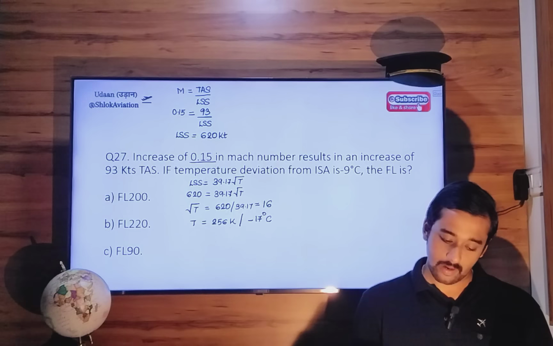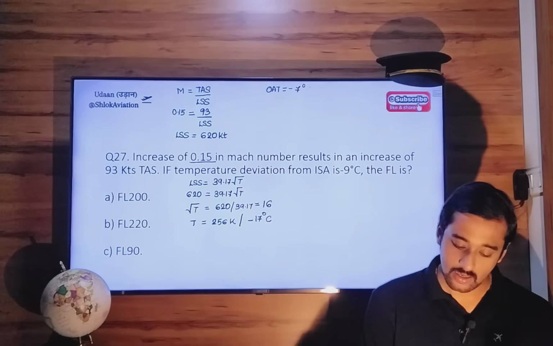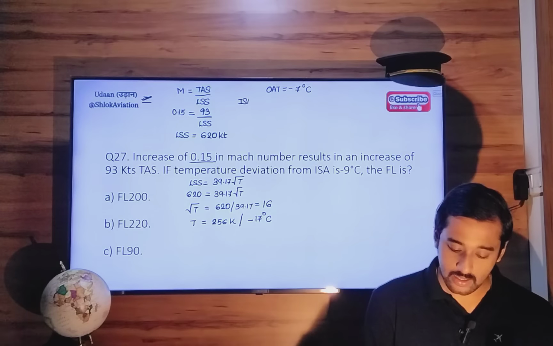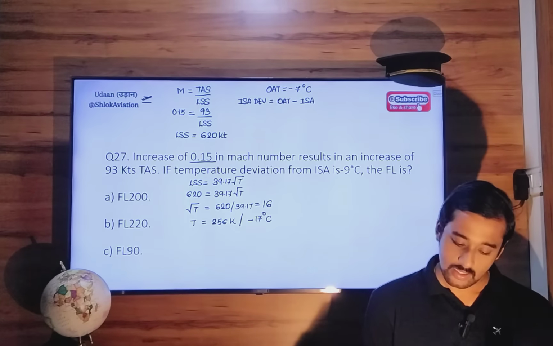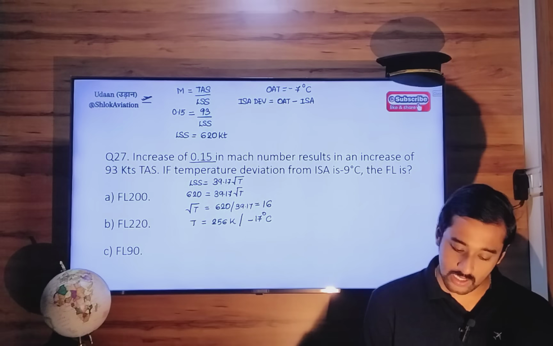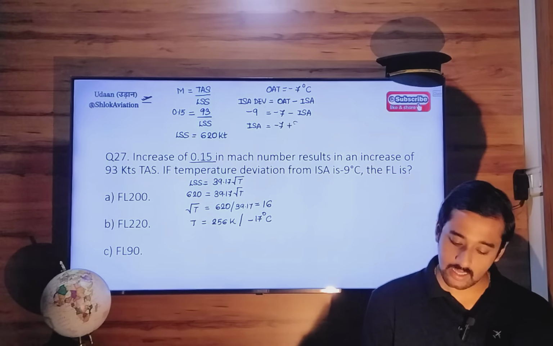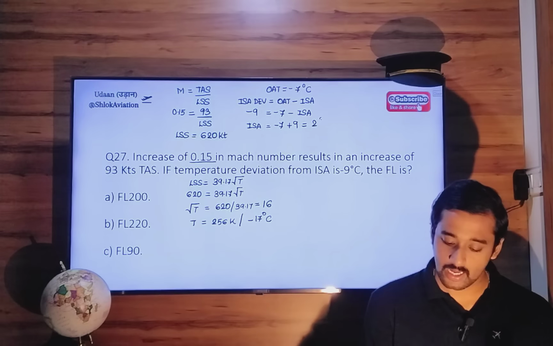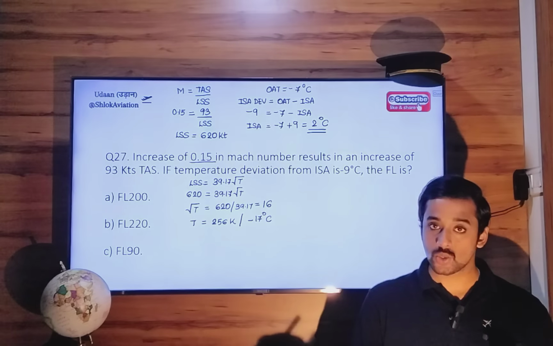Now outside air temperature is minus 7 degrees Celsius. ISA deviation is nothing but outside air temperature minus ISA temperature. Deviation given to you is minus 9, minus 7 minus ISA. So ISA will be minus 7 plus 9, that is 2 degrees Celsius. So ISA temperature is 2 degrees Celsius.